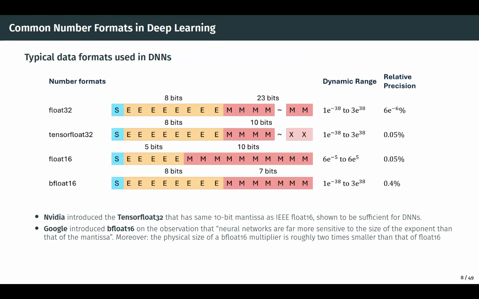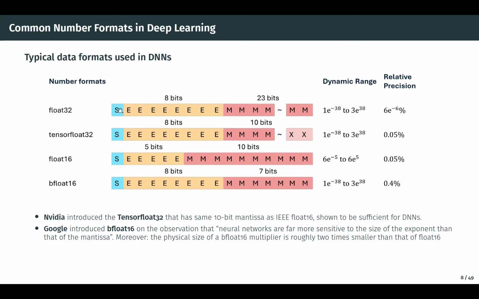When it comes to deep learning, the float 32, as I said, is the format mostly used to train neural networks. It has 32 bits, so we have a very high dynamic range and very high precision. However, various companies, for example NVIDIA and Google, tried to figure out more optimal formats for representing neural networks.